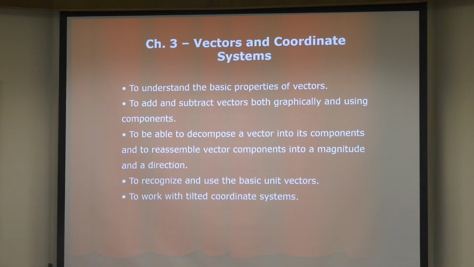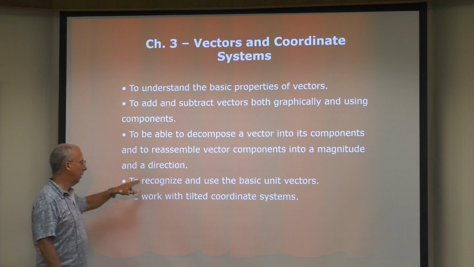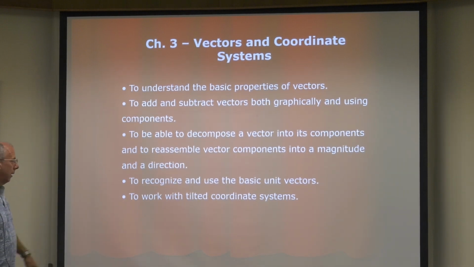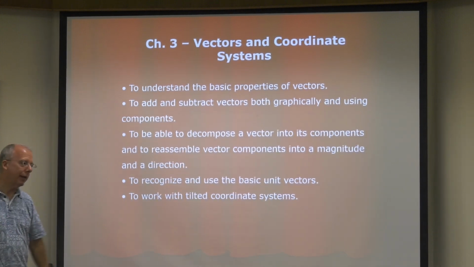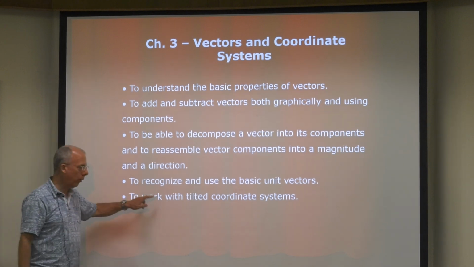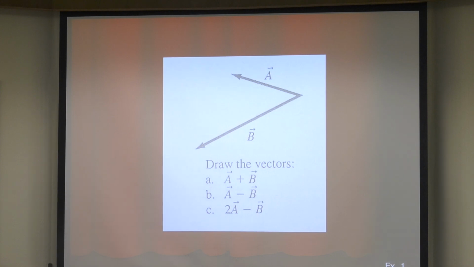Just components, right? Either cosine or sine. Then we used for the magnitude, Pythagorean theorem. For the directions, usually inverse tan, if you know the components. Basic unit vectors, just nice IJK, right-handed coordinate system, don't forget. And tilted coordinate systems. We'll get a lot of practice with that later on.